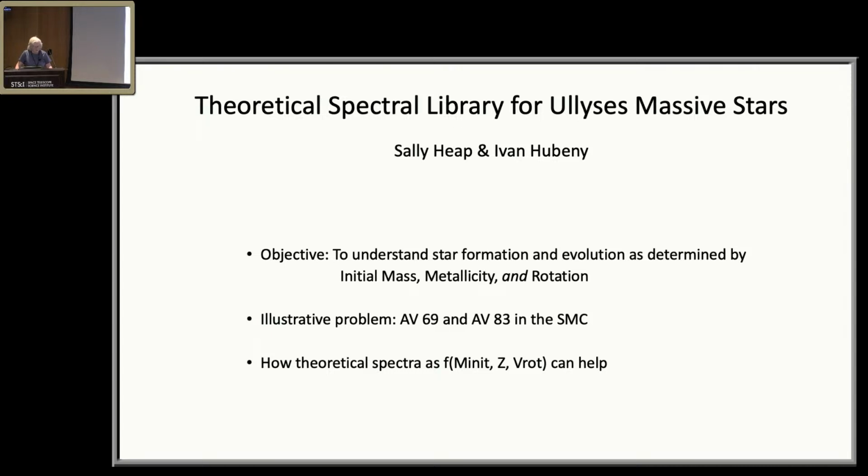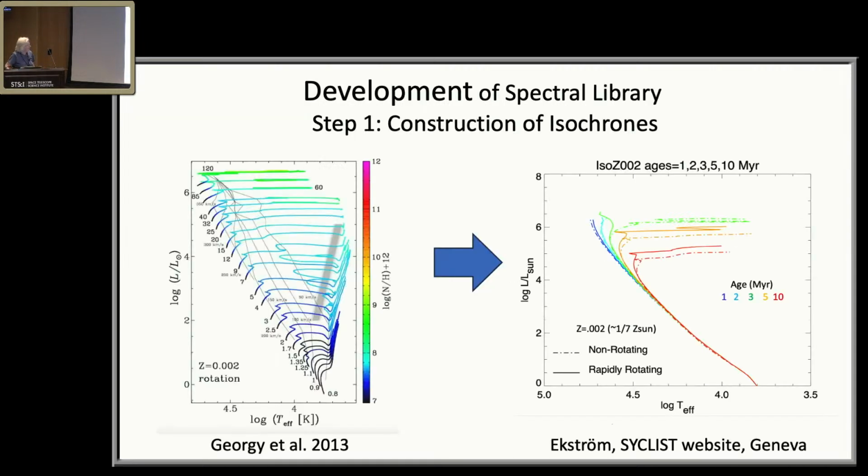I'll show an example of the process involving theoretical spectra of isochrones at various ages. There are two steps to getting to the spectral library. One is the construction of isochrones.